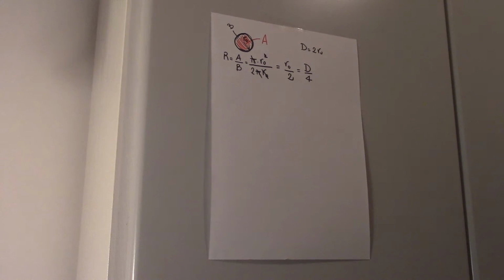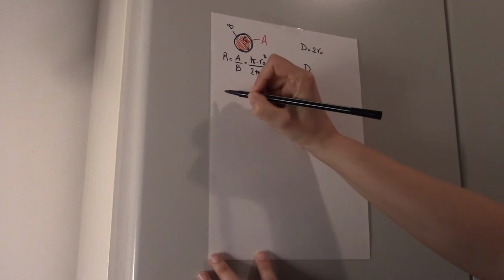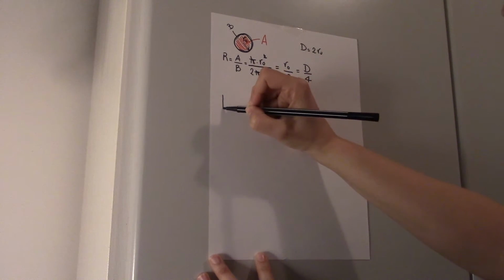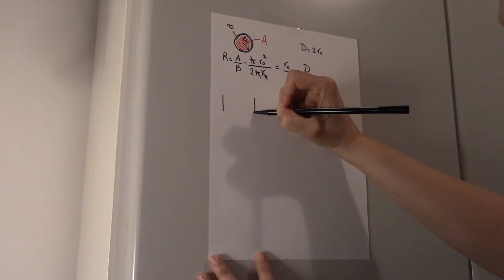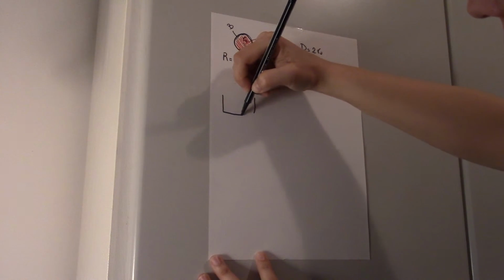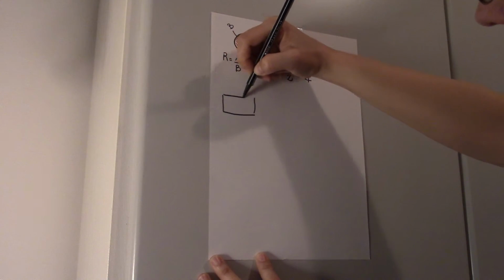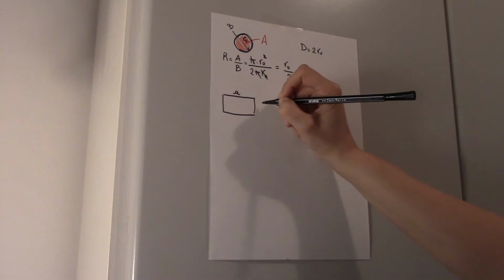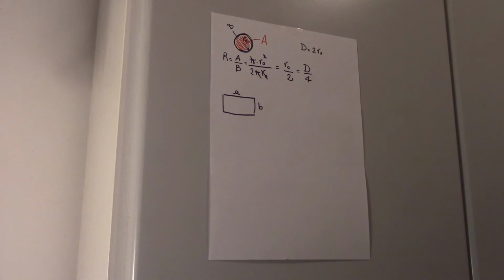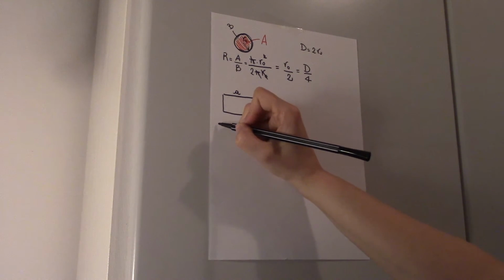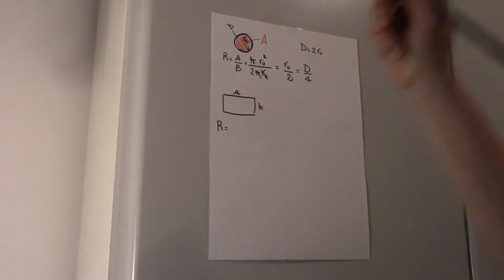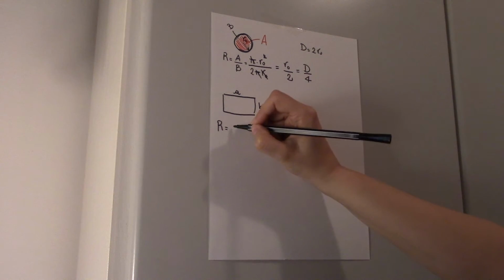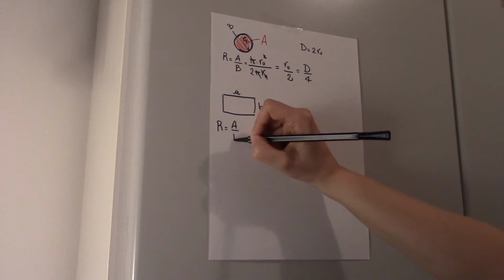So for example, suppose that we have a rectangular geometry, so we'll have that this side is A while this one is B. Again, we want to define the hydraulic radius, so we will have the hydraulic radius given by the area over the wet perimeter.